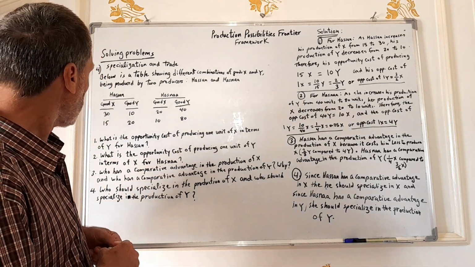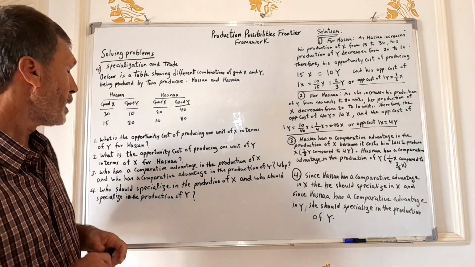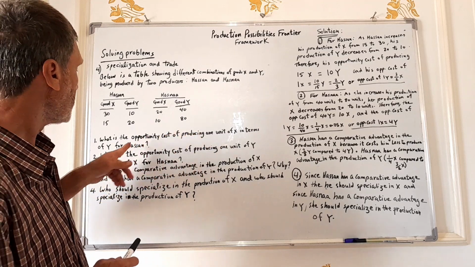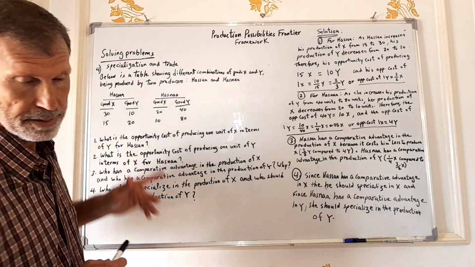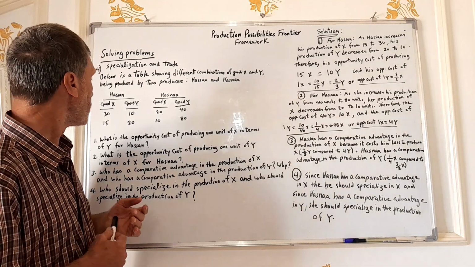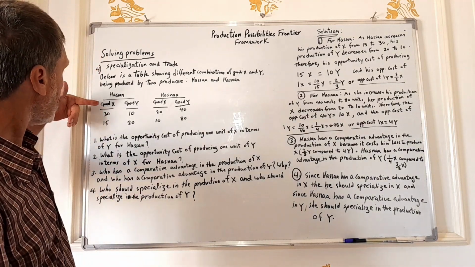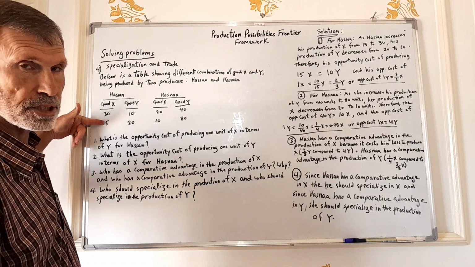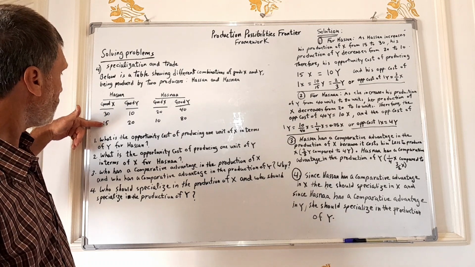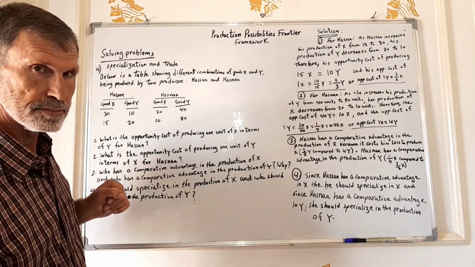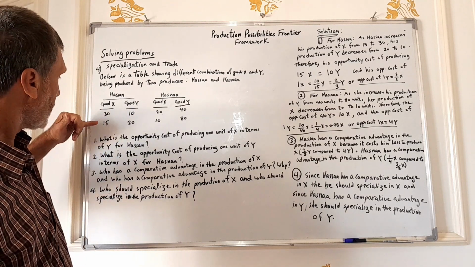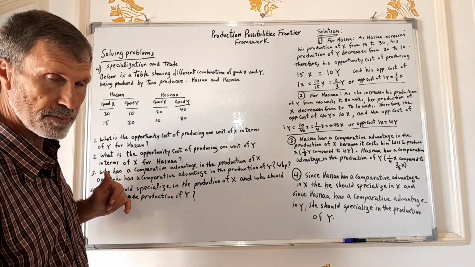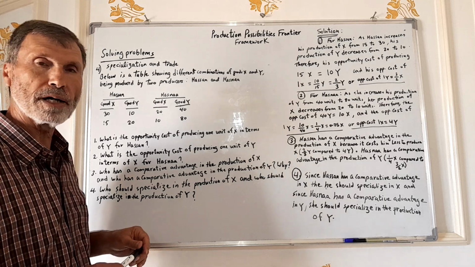Now, we move to solve question number 1. What is the opportunity cost of producing 1 unit of X in terms of Y for Hassan? For Hassan, as he increases his production of good X from 15 to 30, what happens to the production of Y?